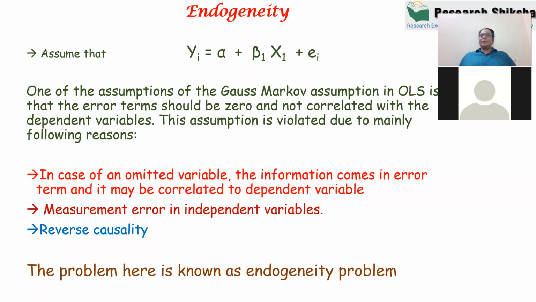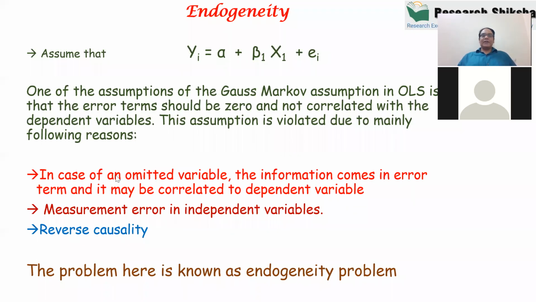There are many variables which we cannot measure, and we don't know about them, and because of that an endogeneity problem comes. Endogeneity means the correlation between the error term and the dependent variable exists. If the correlation between the error term and the dependent variable exists, this is simply the endogeneity problem. And one of the problems is omitted variables.